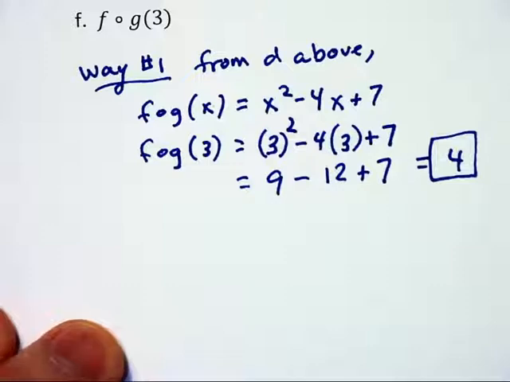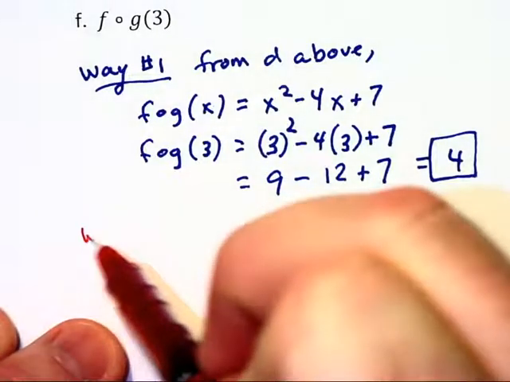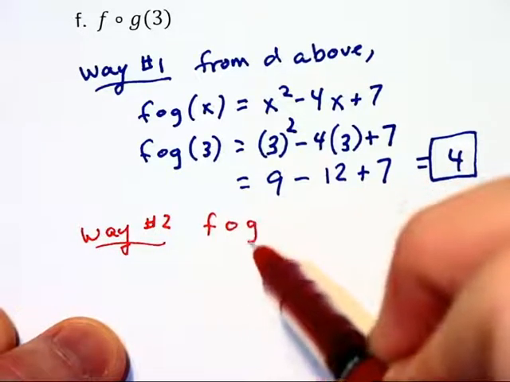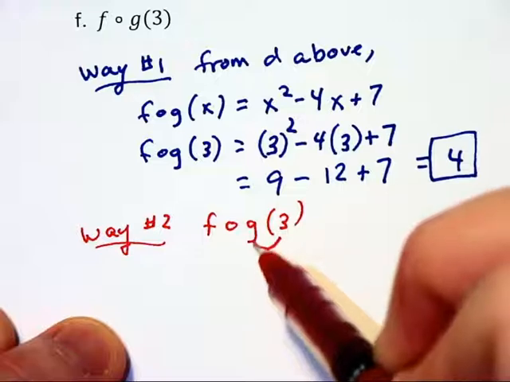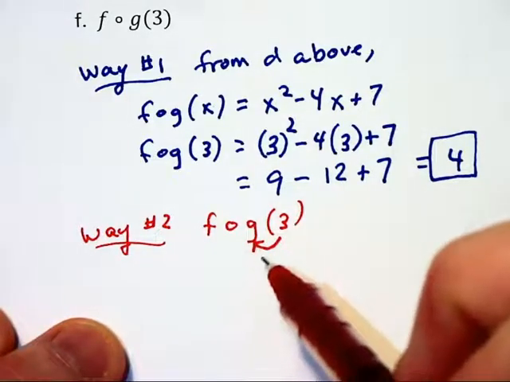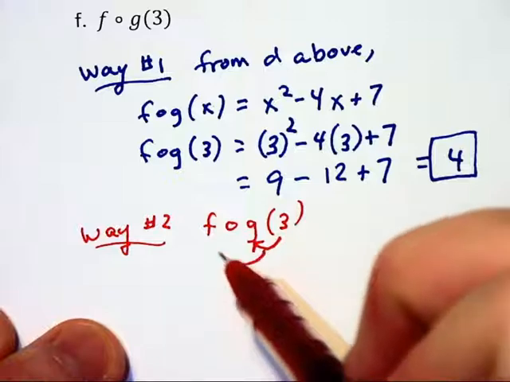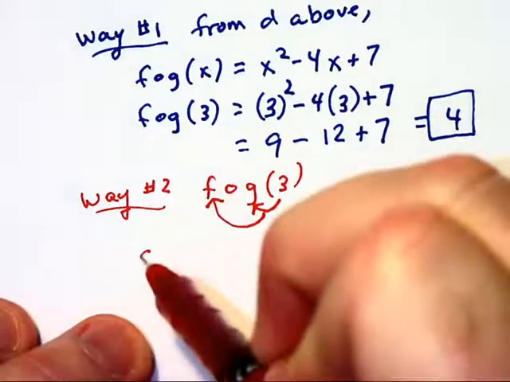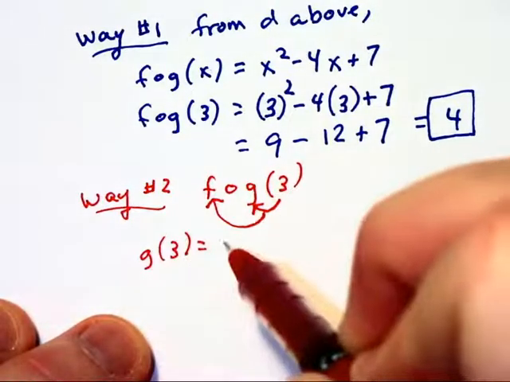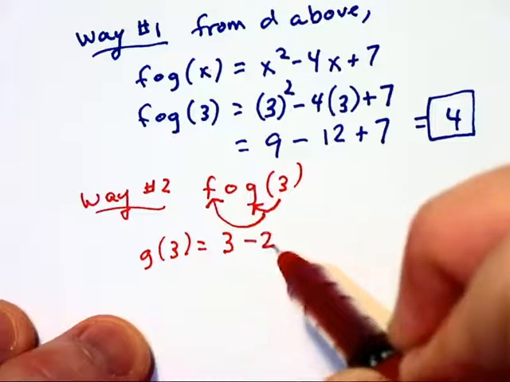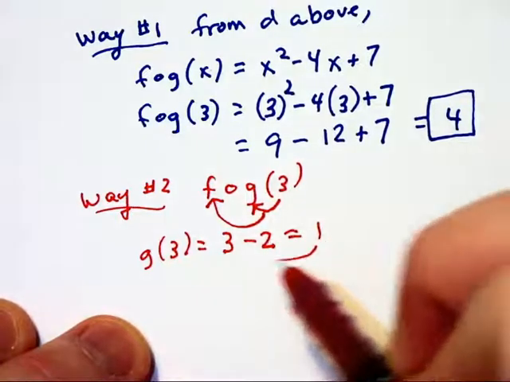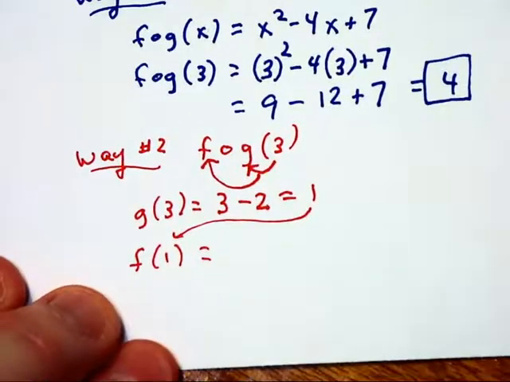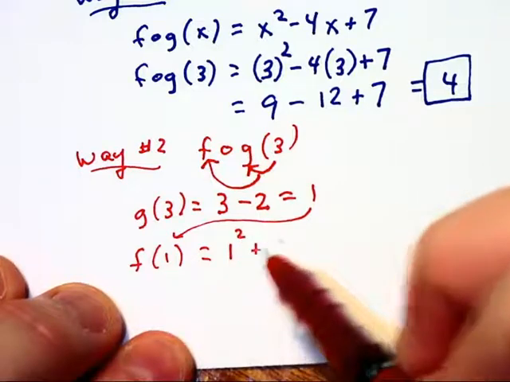There's a second way to do it, and this way number 2 basically has you start from scratch. We have f composite g of 3, and you take 3 and substitute it into g, and you take the output or range of that and substitute it into f. So let's do it this way. If we find g of 3, that becomes input 3 minus 2, which equals 1, and then 1 becomes the input into function f, and so f of 1 becomes 1 squared plus 3.